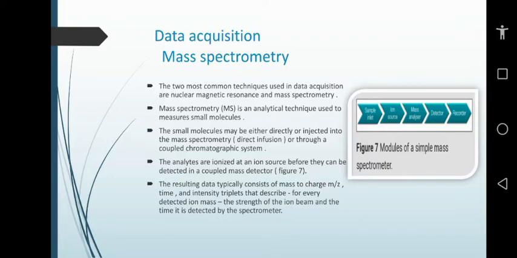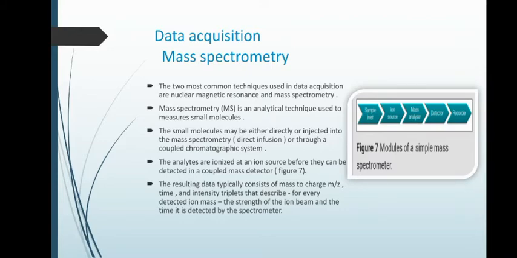The fifth key stage of a metabolomics study is data acquisition, in which the two most common techniques used are nuclear magnetic resonance and mass spectrometry.